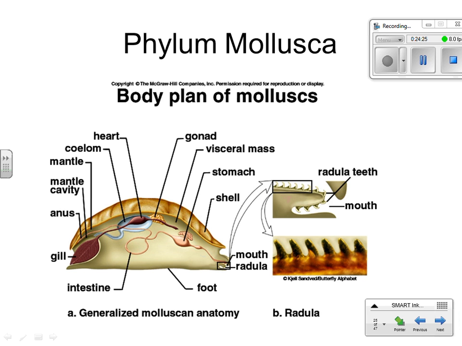This is its tongue. Tongue-like organ. Looks like a chainsaw blade, right? You guys seen a chainsaw blade? This thing will scrape food, scrape plant matter off, and that's what it'll eat. So its tongue looks almost like a chainsaw. That's called the radula.